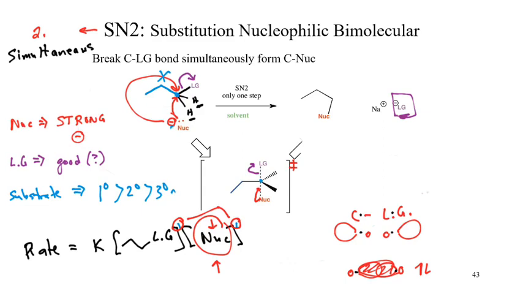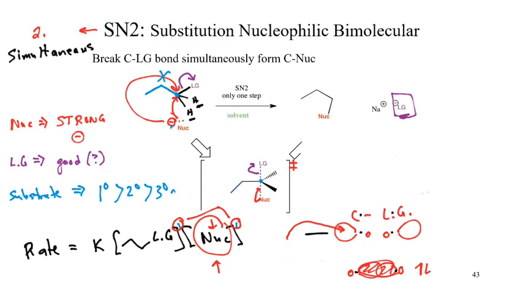The anti-bonding orbital has no electrons in it. Where can the nucleophile dump electrons? It would have to dump them into an orbital that it could overlap with. That overlapping orbital happens to be on the direct opposite side of our bond with the leaving group. That's why it's coming in from the backside of that leaving group bond.